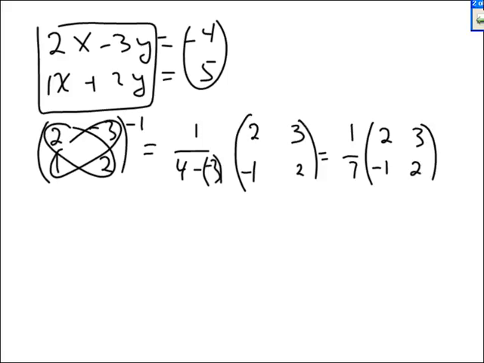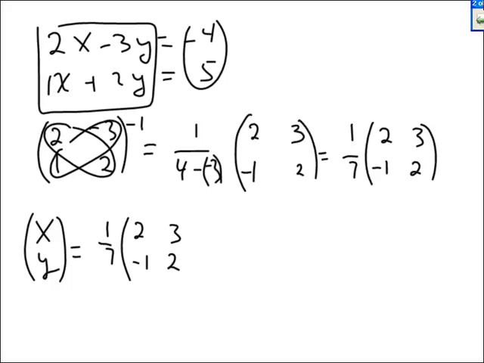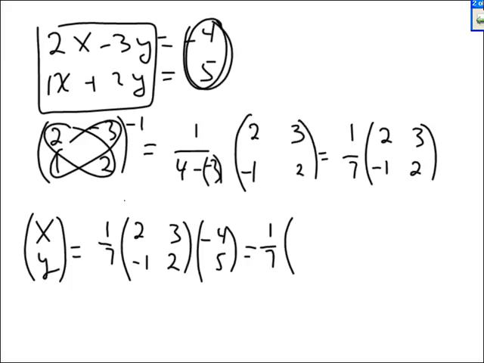And that's A inverse, the inverse of the coefficient matrix. So xy is equal to the inverse of the coefficient matrix times the right-hand numbers, negative 4, 5. The 1/7 multiplication I'll do at the end.